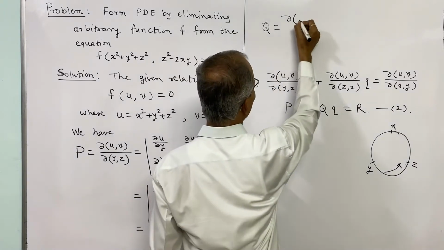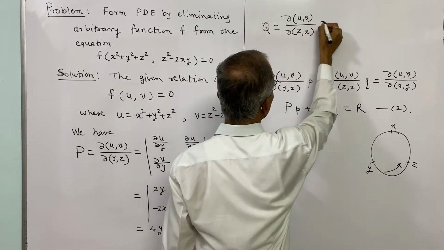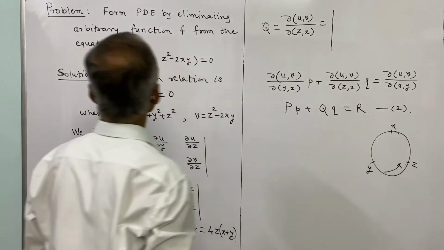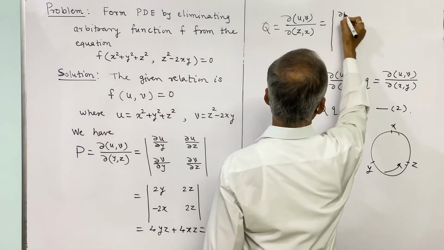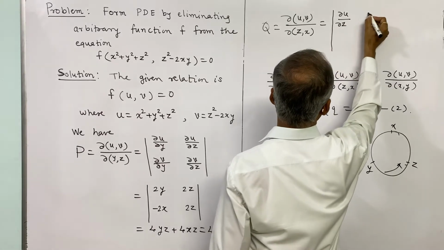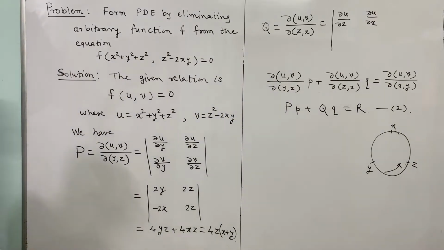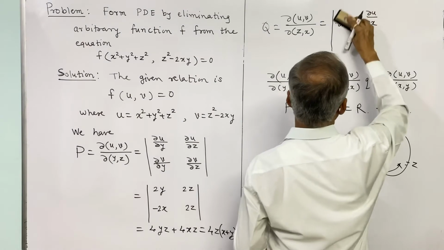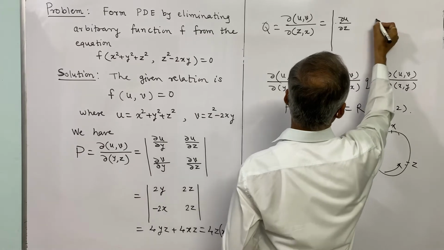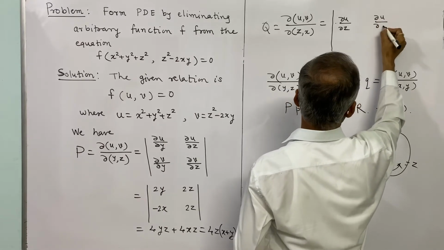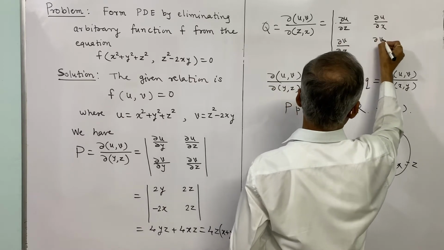So this is the Jacobian of u and v with respect to z and x. And as earlier, this will be a determinant whose first row is dou u by dou z, dou u by dou x, and second row is dou v by dou z, dou v by dou x.